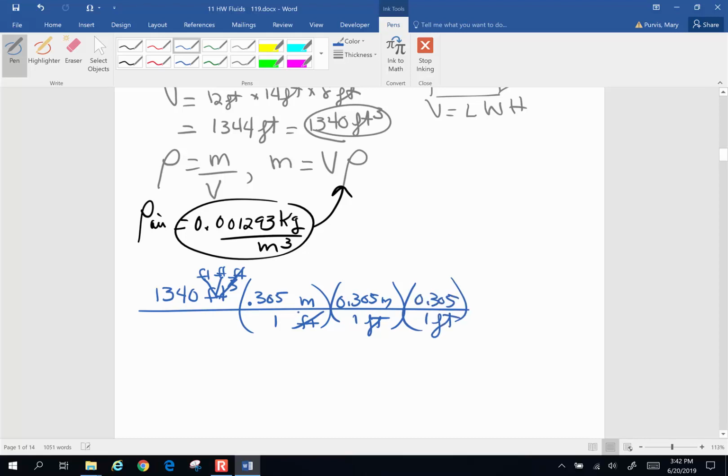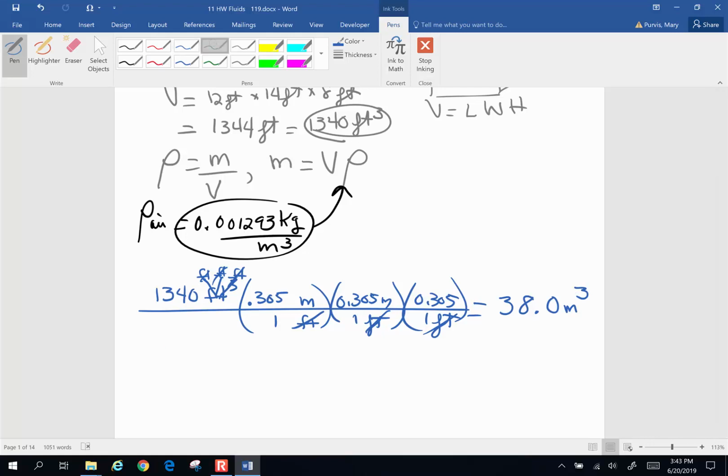I know some of you are going, you can just cube the fraction. Yeah, I know you can. You do whatever works for you, but this one is the most foolproof. If you're having a day when you haven't had enough caffeine, do it this way. When I do the math, I end up with 38.0 cubic meters.